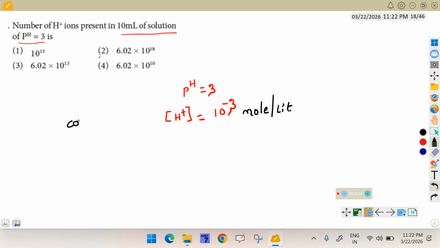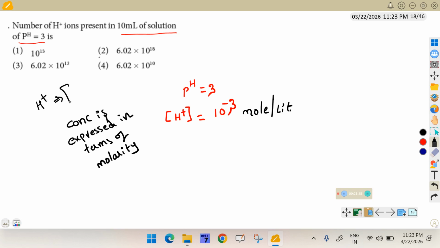Here the concentration is expressed in terms of molarity, because H plus ion is in square brackets.